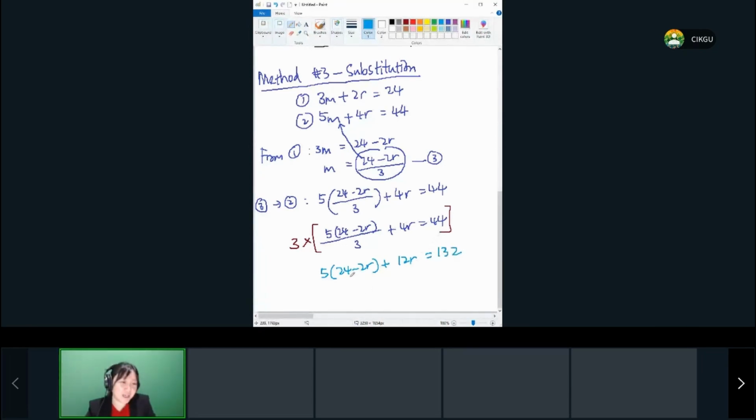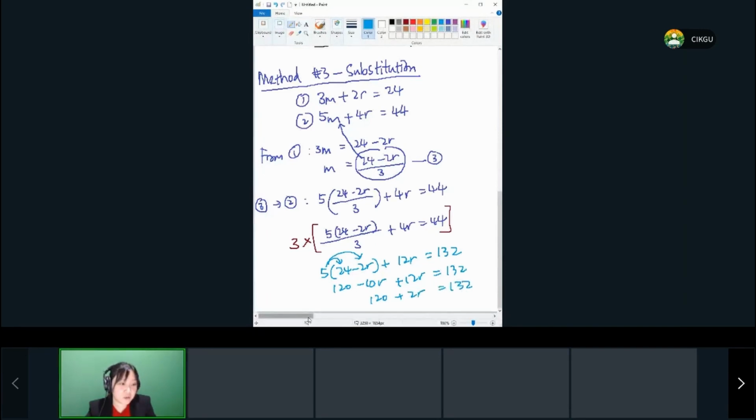Then from here, 5 times 24 is 120, minus 10r plus 12r equals to 132. Simplify this: negative 10r plus 12r is positive 2r. So 120 plus 2r equals to 132.